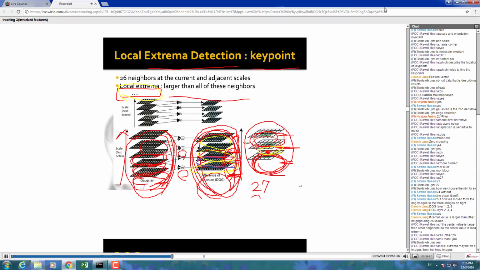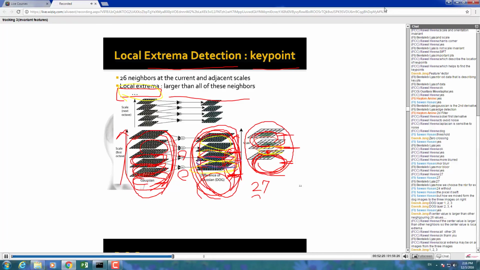When we have 4 DOG levels, then from these 4 DOG, we can consider 2 three-layer combinations, right? Layers 1, 2, 3, and then 2, 3, 4, to calculate local extrema.